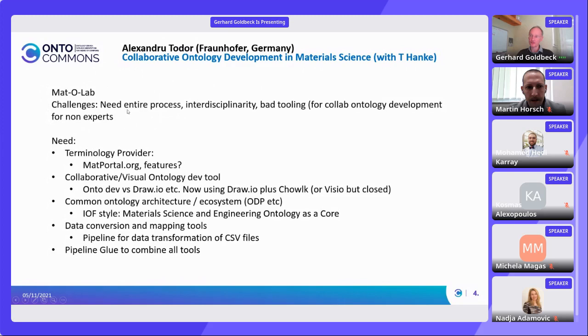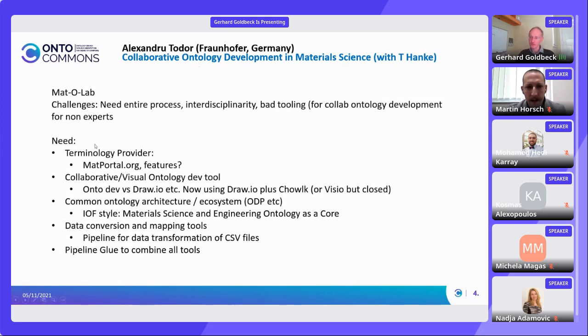The challenge in materials in particular is that it needs to capture the entire process of the material development to be useful. It's also very interdisciplinary, and there are a lot of challenges in terms of tooling not being available that enables collaborative development, especially for non-experts.